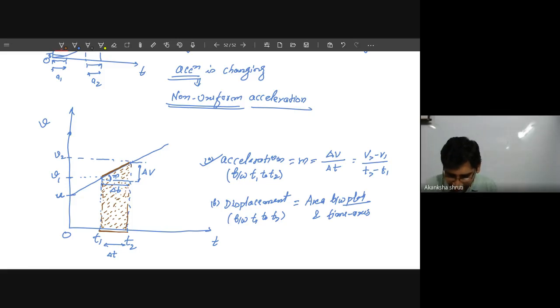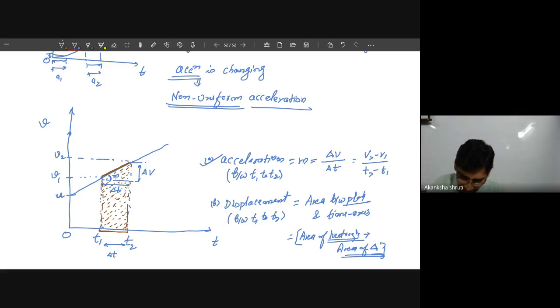So our lesson learned is that for calculating this, you always divide the given area between the interval into the area of a rectangle plus the area of a triangle. I have written the triangle in symbol form. Adding these two areas, we get this shaded area, which gives us the displacement.